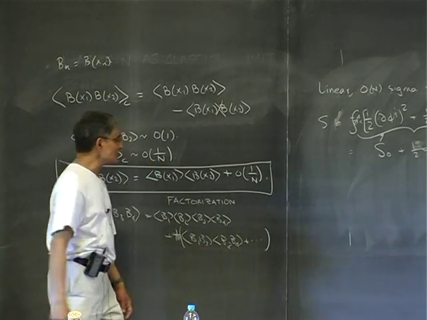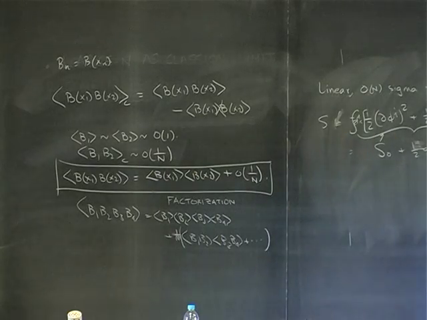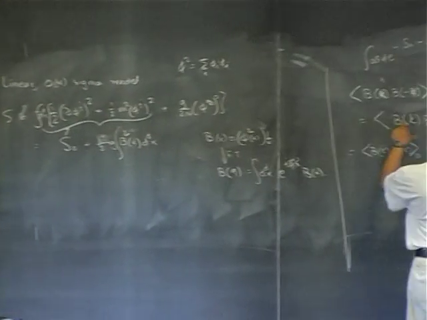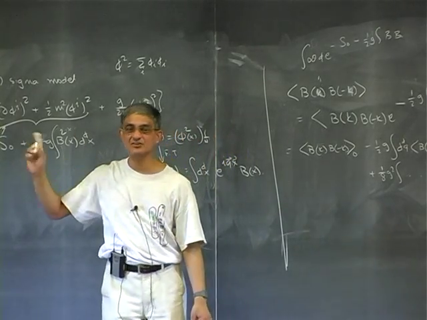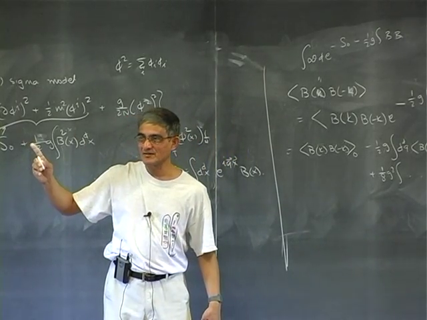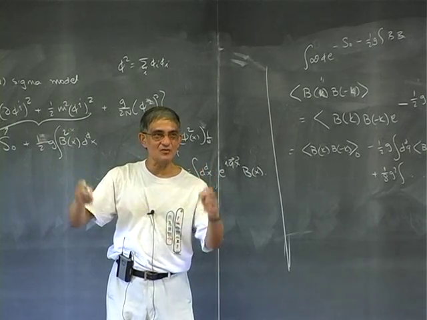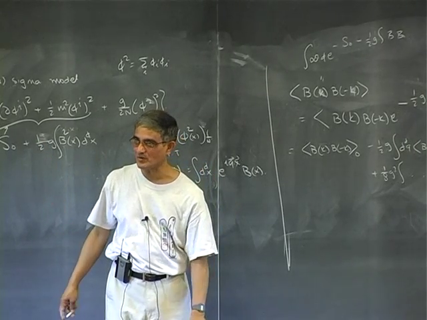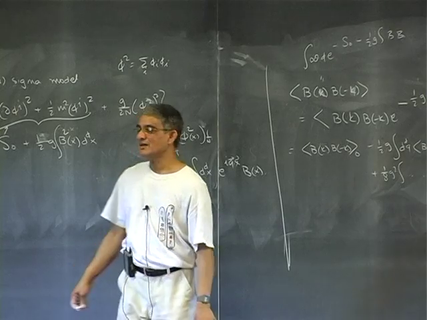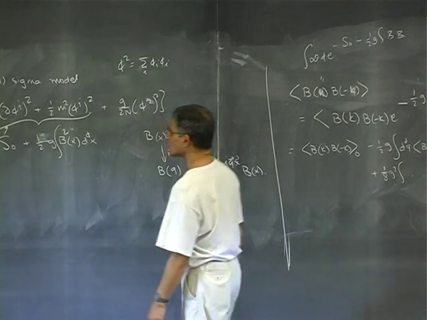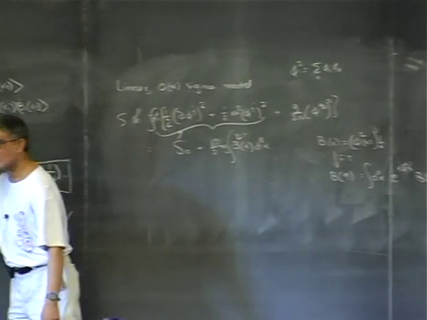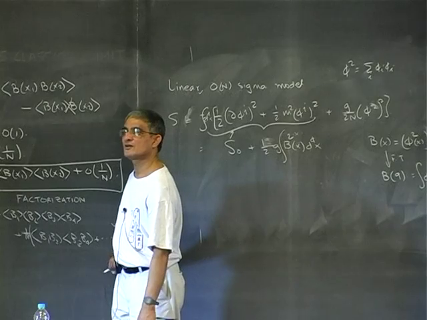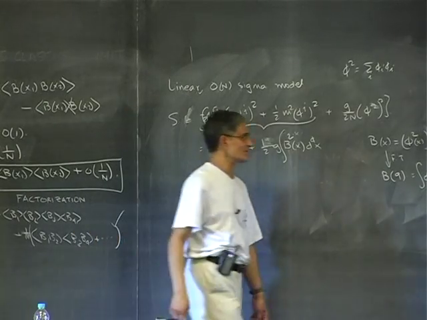But in this case, the 1-point function of phi squared, properly defined, is just 0, because in the vacuum there is no 1-point function of the operator phi squared. Okay. So the only important terms are those which come when the 4-point function is written as a product of 2-point functions.